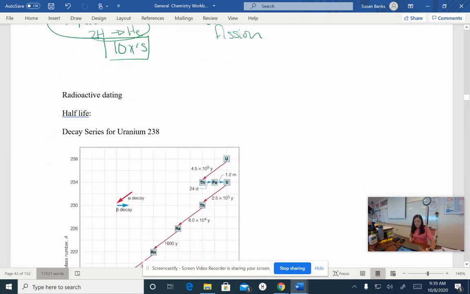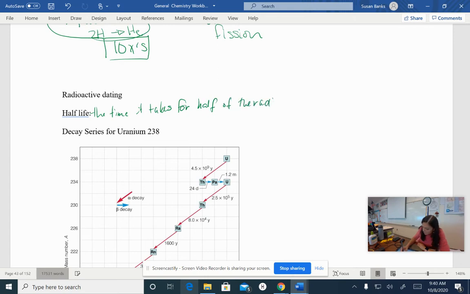Okay, radioactive dating, half-life. So half-life is not just a game, it's actually a scientific concept, a nuclear concept. So half-life is the time it takes for half of the radioactive sample to undergo decay.